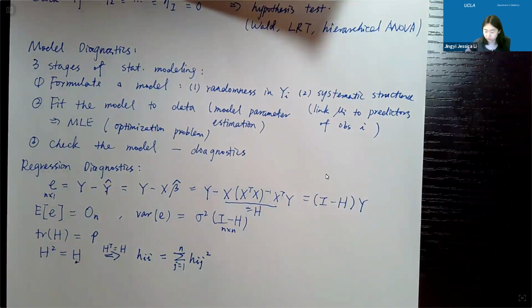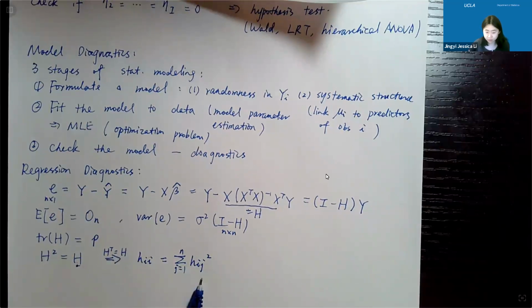That's the matrix multiplication formula. But now, since H_ji equals H_ij by the symmetry, we have the sum of H_ij squared.